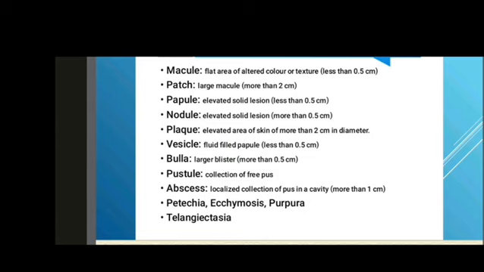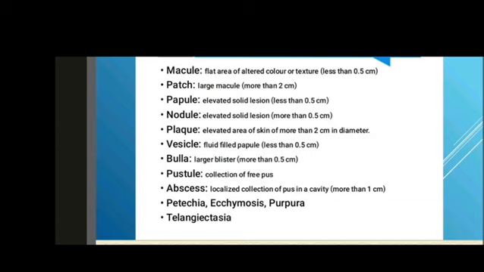Skin lesions can be classified in general as primary and secondary, but primary skin lesions can also be classified as vascular and non-vascular. Petechiae, ecchymosis, purpura, and telangiectasia are a group of primary skin lesions which are vascular types. In physical examination, these lesions can be differentiated by whether they are blanchable or non-blanchable.